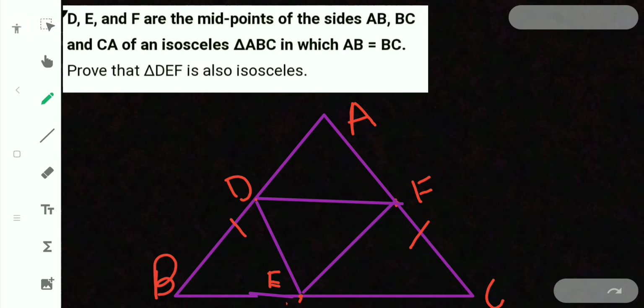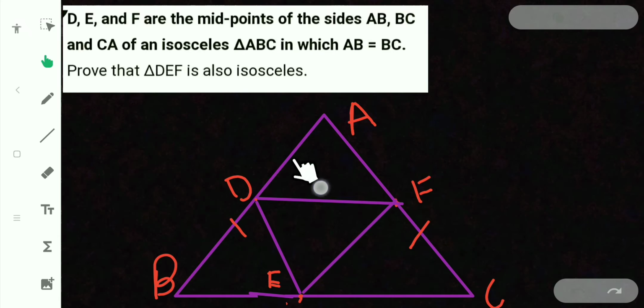So now if you carefully observe, according to the midpoint theorem, if a line is joining two midpoints of two adjacent sides of a triangle, then this line will be parallel to the third side and equal to half of it.